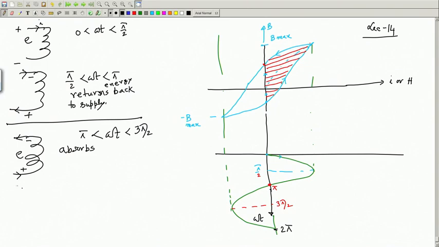And finally, between 3 pi by 2 to 2 pi, the situation is current still negative, is it not? So, it will be like this. But dI/dt is opposite. So, it will become like this, and it returns energy back to supply.